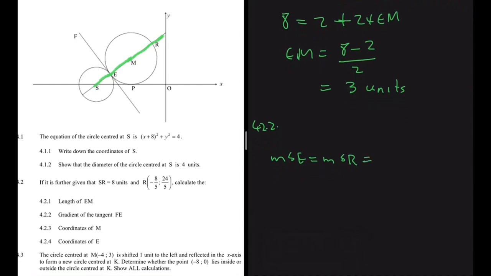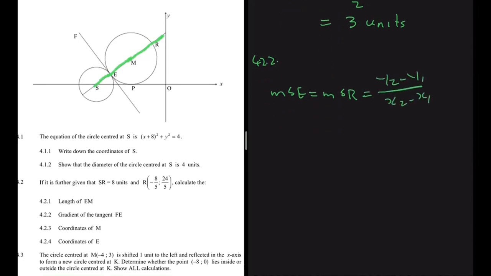So that will be equal to y2 minus y1 divided by x2 minus x1 by definition. So let's take R as our second coordinate. We have the coordinates of R here. So y2 will be 24 divided by 5, and then y1 will be 0, because S rests on the x-axis.